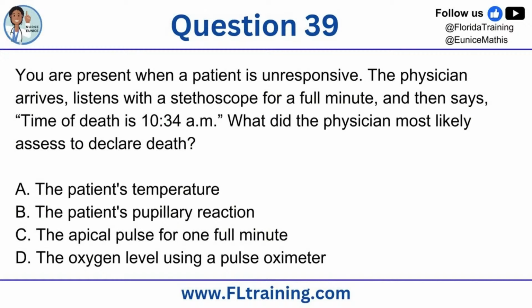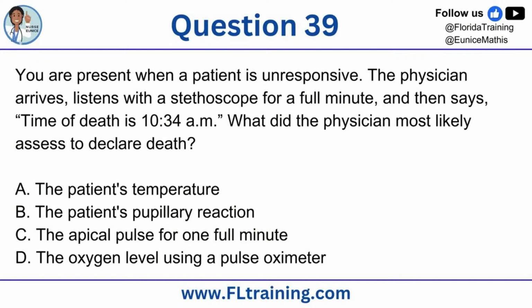Question 39. You are present when a patient is unresponsive. The physician arrives, listens with the stethoscope for a full minute, and then says the time of death is 10:34 a.m. What did the physician most likely assess to declare death?